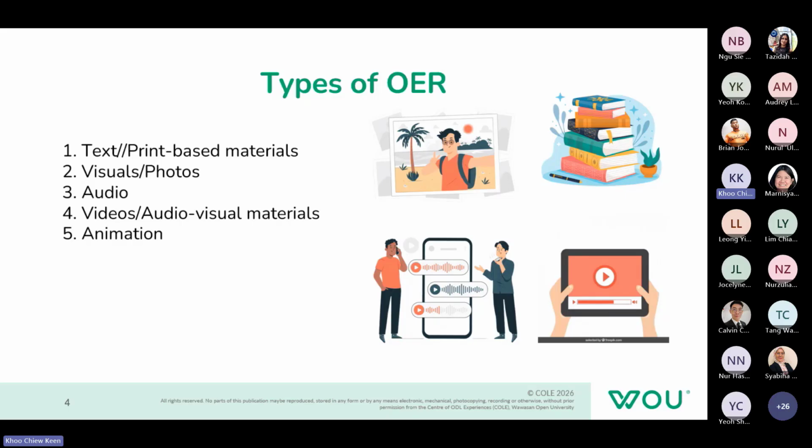Sometimes certain animations or small GIF resources can also be an OER resource. These are short little clips, maybe 1 or 2 minutes or less, that come as an animation that can be used as learning content in your course content.